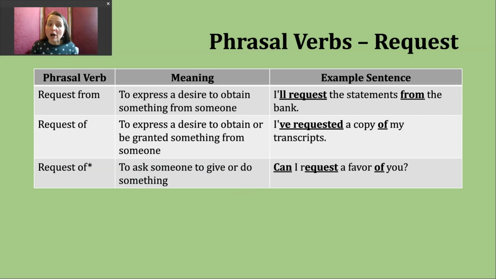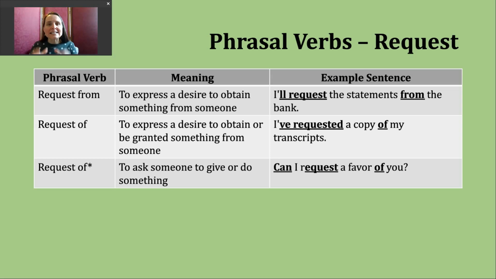So, request from simply means we are expressing a desire to obtain something from someone. Okay? And what you're going to notice about this particular phrasal verb is that the verb request is going to be separated from the preposition, which happens to be from here.